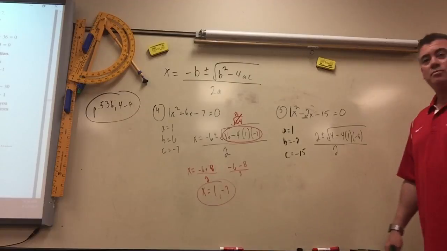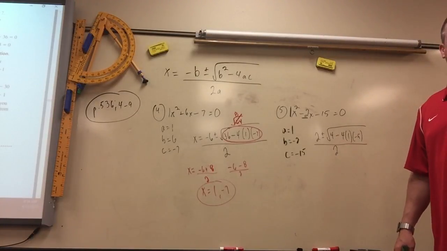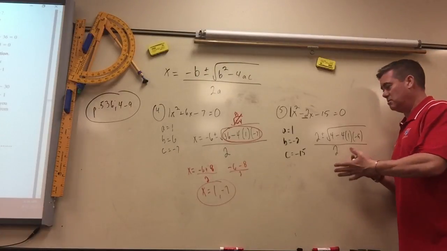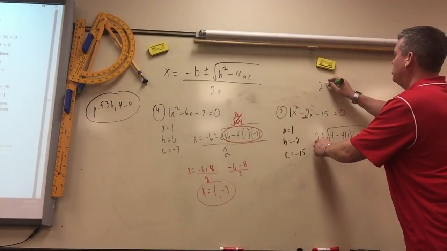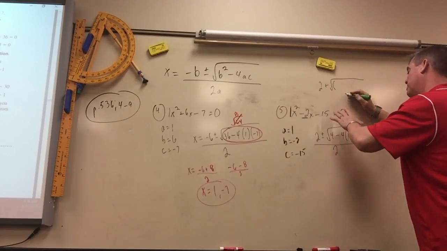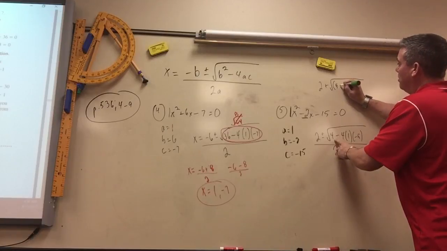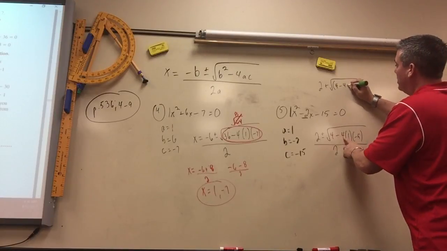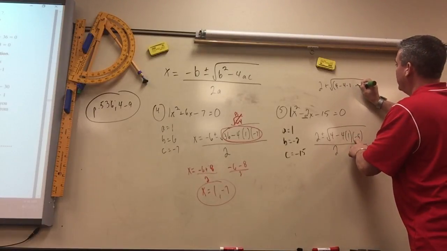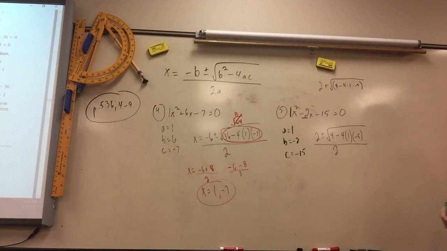Now, you could do all this at once on the bigger calculators. You'd have to put in 2 plus square root, parenthesis, 4 minus 4 times 1 times negative 15, and then put a parenthesis to show that it's done.